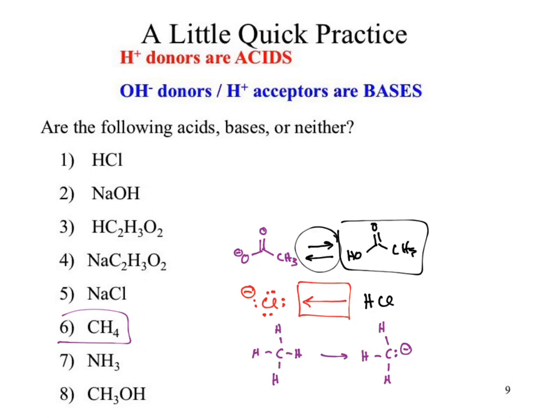It's not pulling the electrons away from the hydrogen, which means I don't generate a positive hydrogen. If there's no positive hydrogen, there's no acid. So I can fall back on electronegativity to help predict these. CH4 is not an acid or a base. NH3.